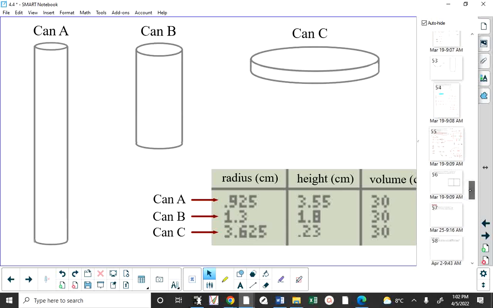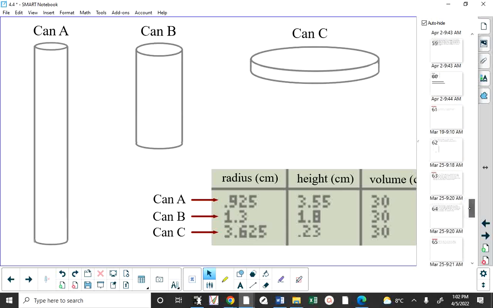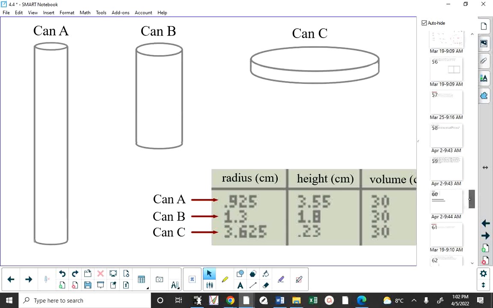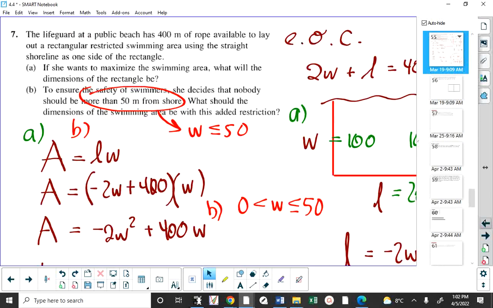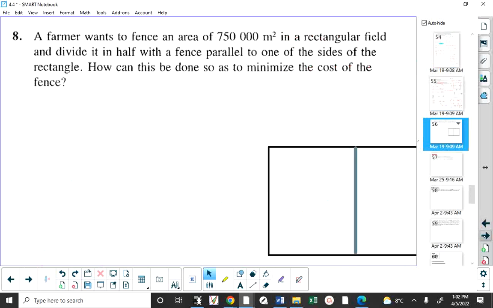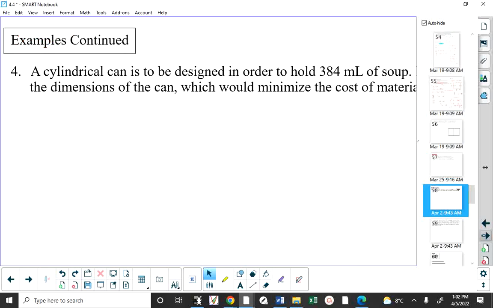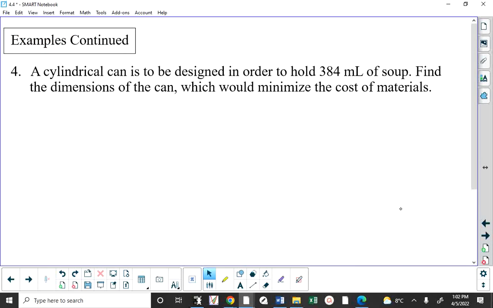How can we design the can to minimize the cost of materials?